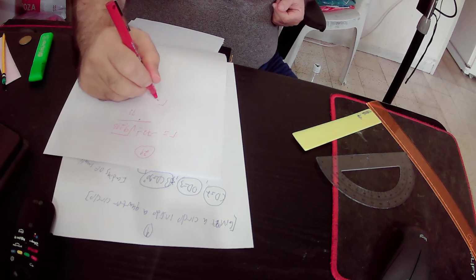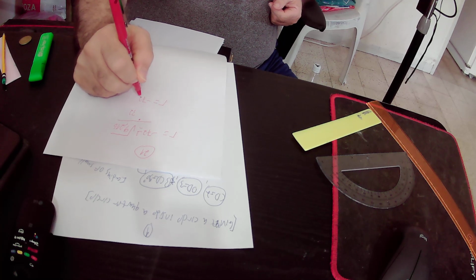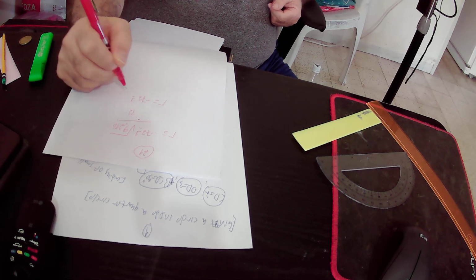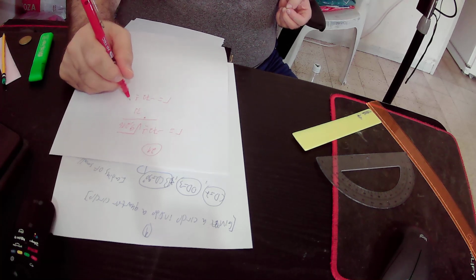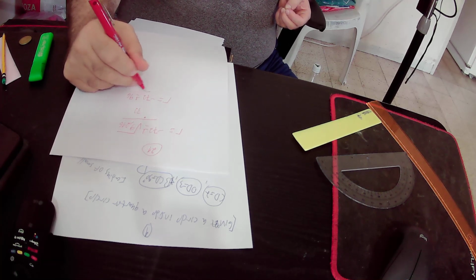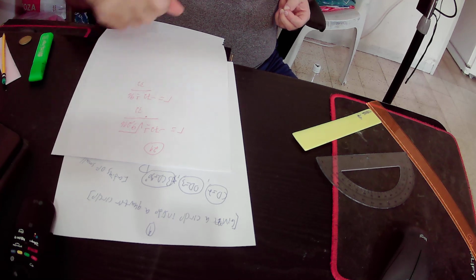So r equals to minus 72 plus minus, and the root of 9,216 is 96 over 32.